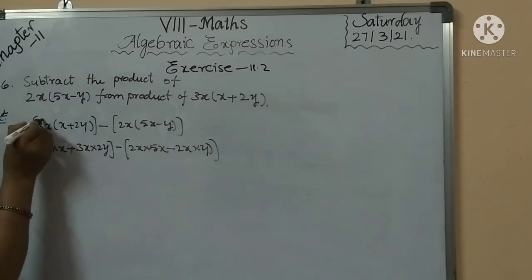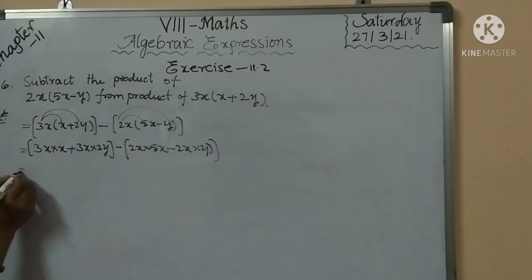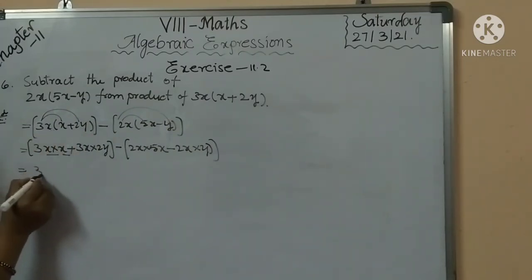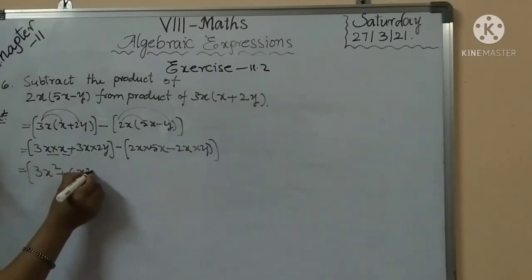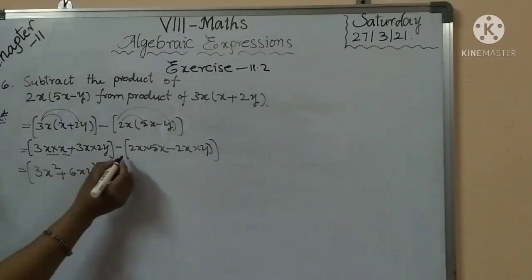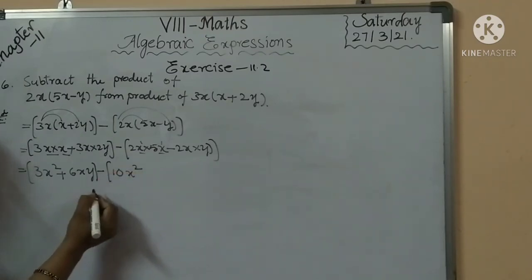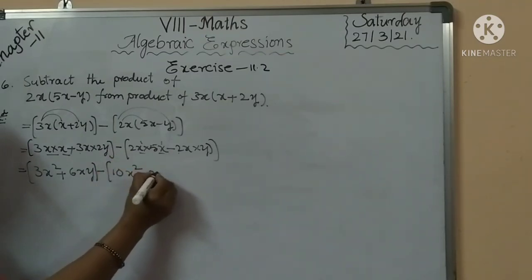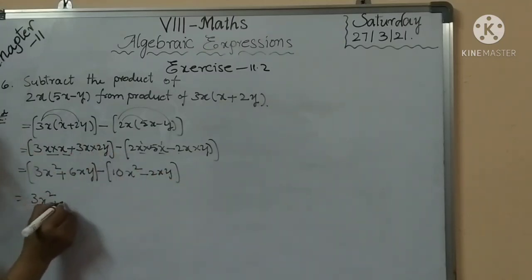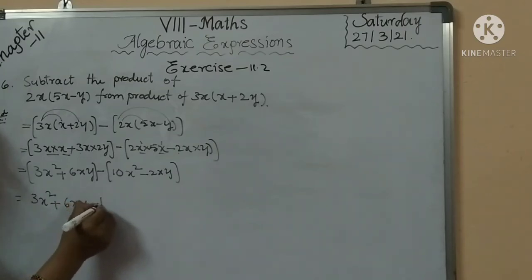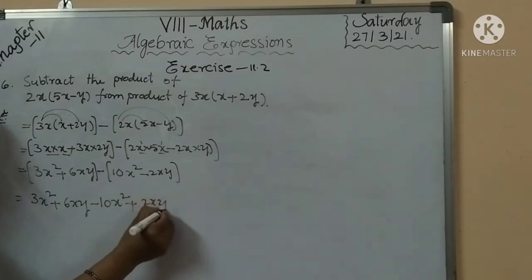Understand? So the monomial product of two terms. Okay? So bases are same, then exponents adding: 3x square plus, 3 2s are 6, x into y, xy, minus 2 5s are 10, bases are same, then exponents are adding, 10x square minus 2 into xy. So here 3x square plus 6xy minus 10x square, minus into minus plus 2xy.